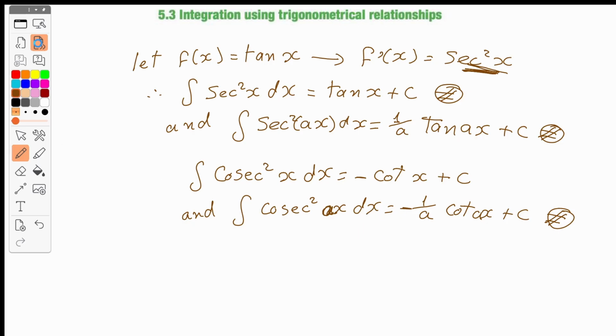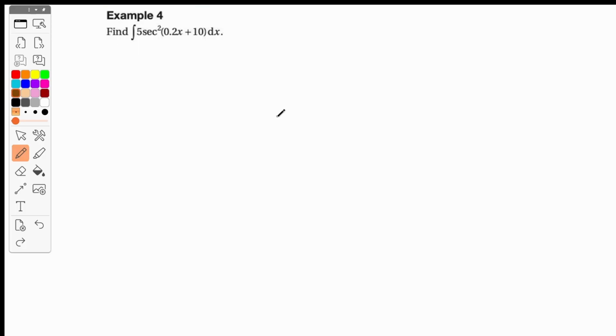Now let's solve the first example in this topic. Find the integral of 5 secant squared of 0.2x plus 10. This is example 4 written in the book, the first example in this topic.